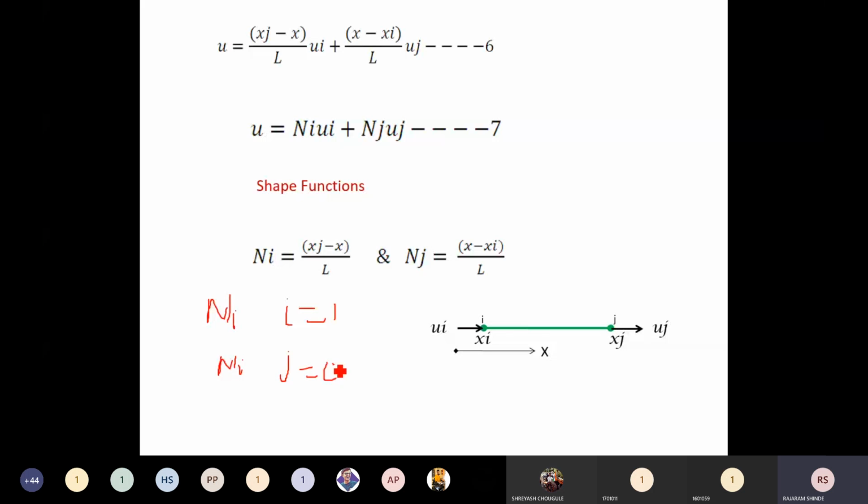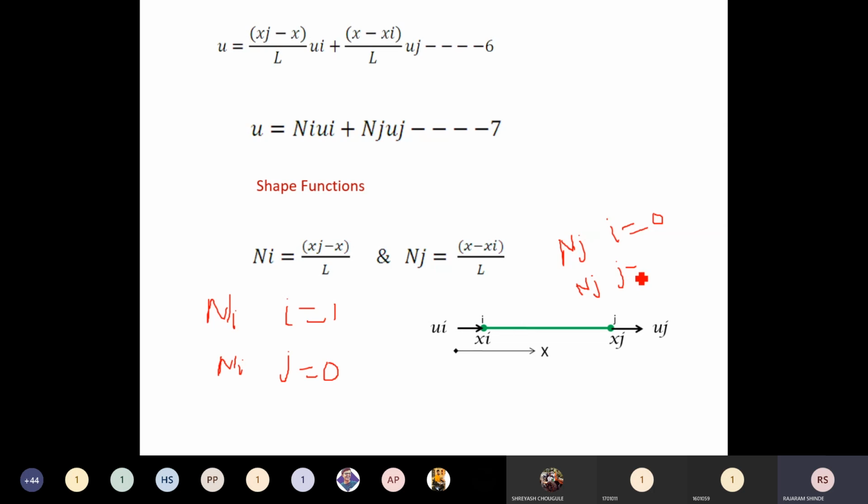Same thing you repeat for this Nj. Now what is the value of Nj at I? 0. And Nj at j? 1. Nj at j it is 1.